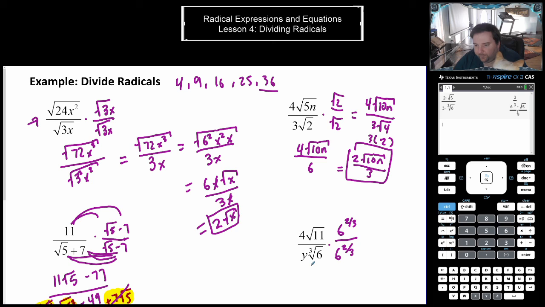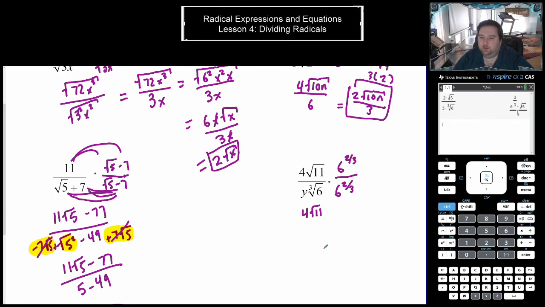Okay. Now we have 4 root 11. I'm going to scroll down. 4 root 11 times 6 to the 2/3 divided by y times, and what's going to happen here is they're going to cancel out, right? 6 to the 1/3 times 6 to the 2/3 is 6. That's why we did it.